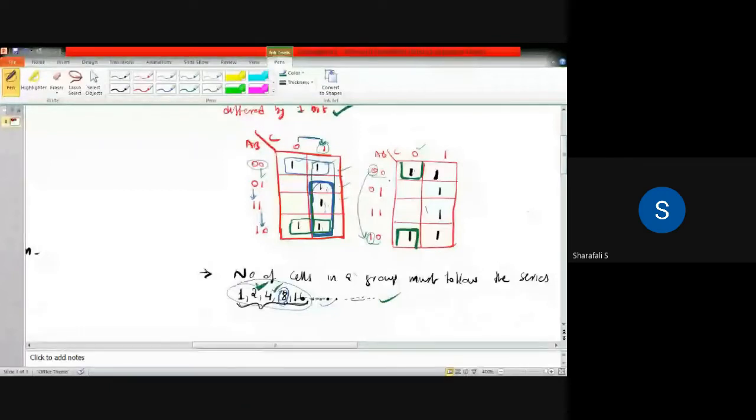If you consider a sheet and fold it like this, this side is going to touch that side.